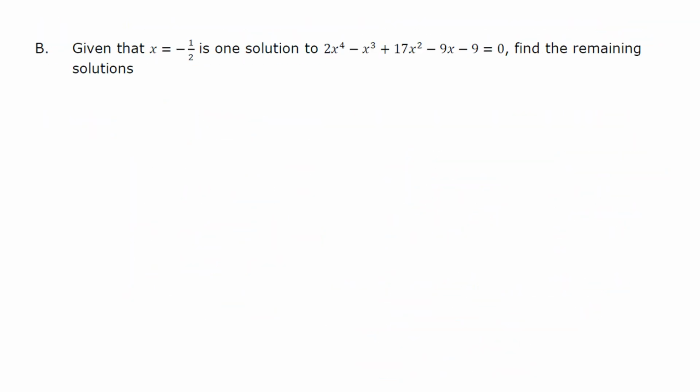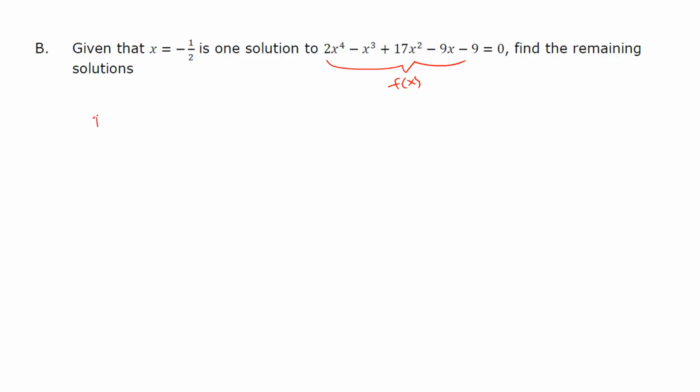All right. Given that x equals negative 1/2 is one solution to this equation, 2x to the fourth minus x cubed plus 17x squared minus 9x minus 9 equals 0, find the remaining solutions. All right, we're going to give this function a name, and it's going to be f of x.